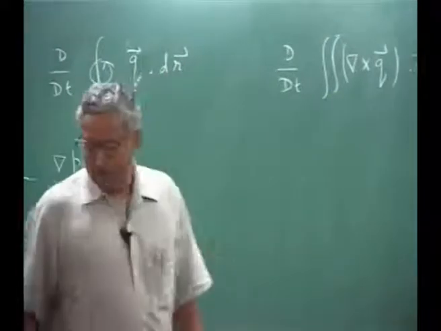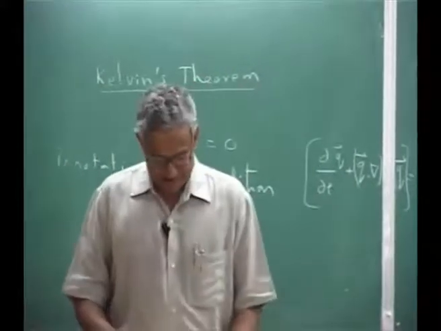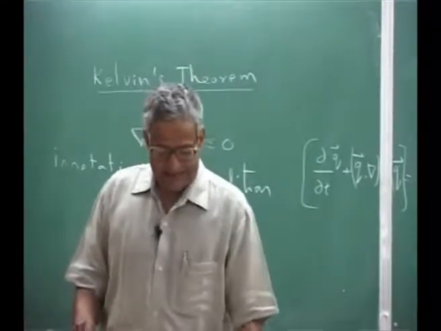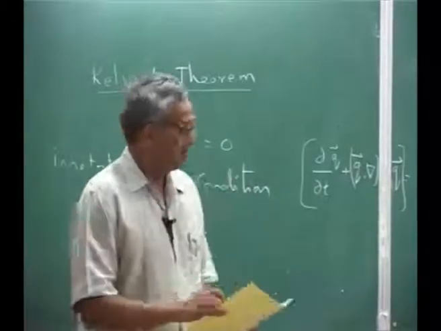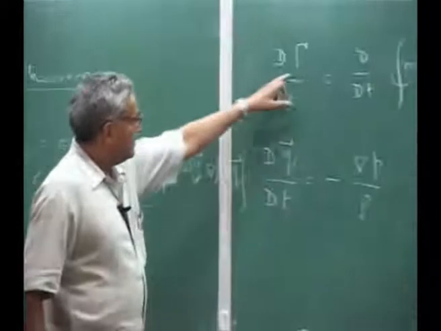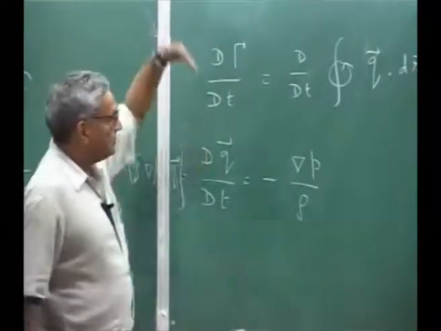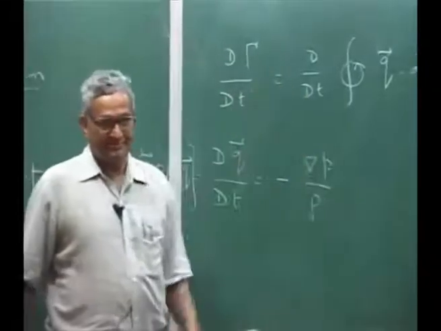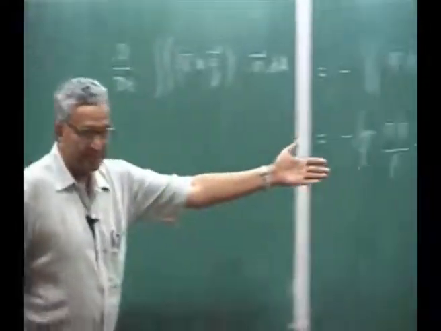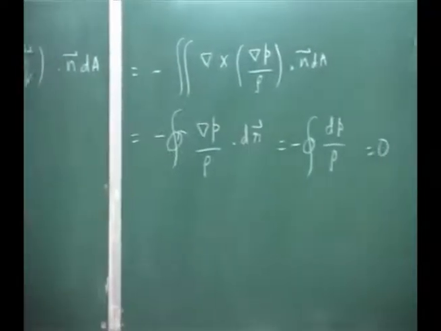After that you invoke Stokes theorem and Kelvin's theorem to show that if my circulation is 0 initially, it will always be 0.